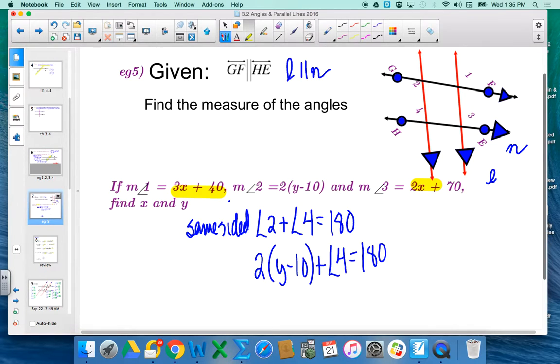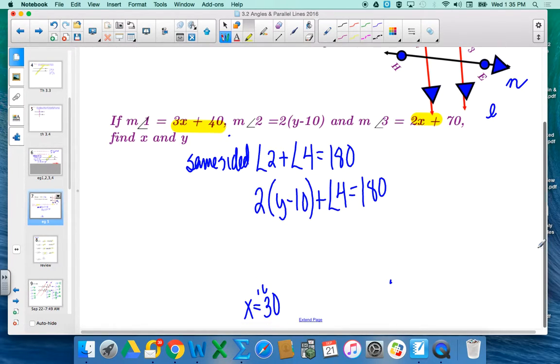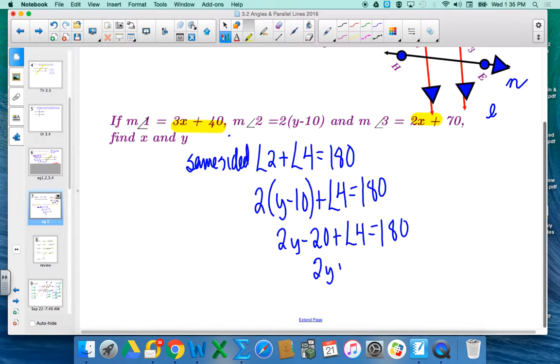Right? So we have 2y minus 20 plus angle 4 equal 180. So we have 2y plus angle 4 equal 200.